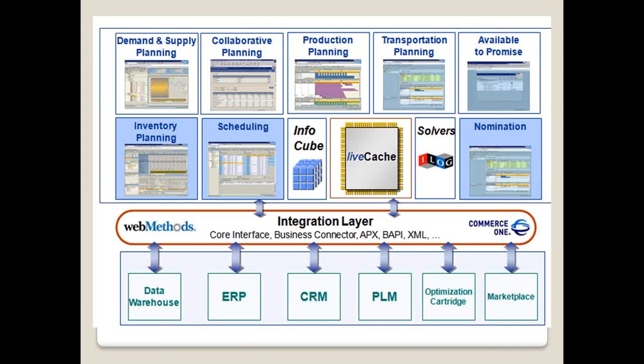Then APO is internally integrated with the BW. That is the reason that as an APO consultant we should have good knowledge of BW. How much BW knowledge is required for an APO consultant, I am going to cover as part of this training. To retrieve records fast, SAP has given a memory called live cache in SAP APO.